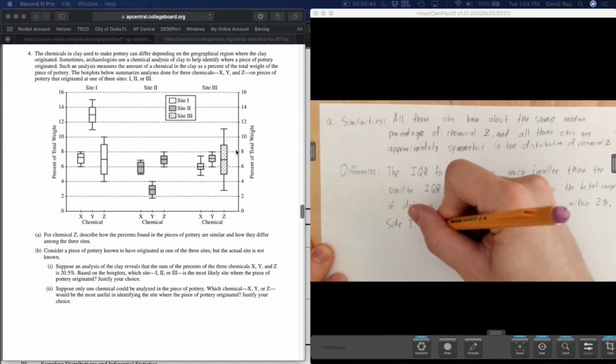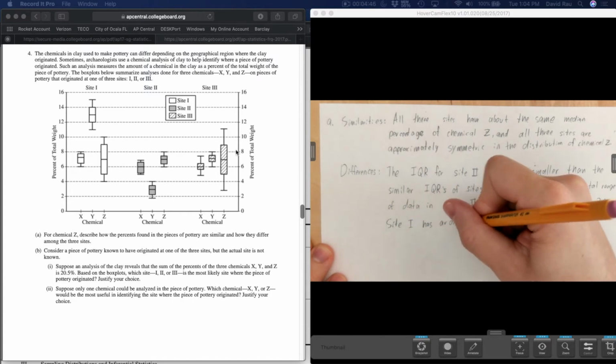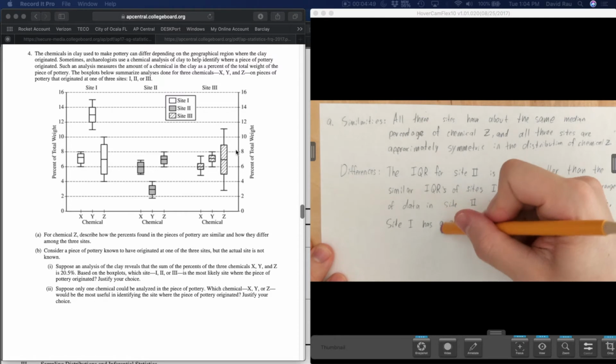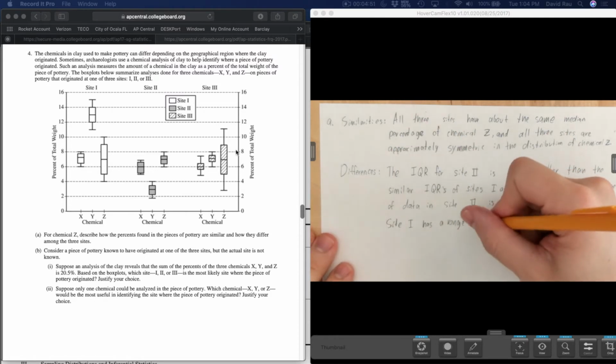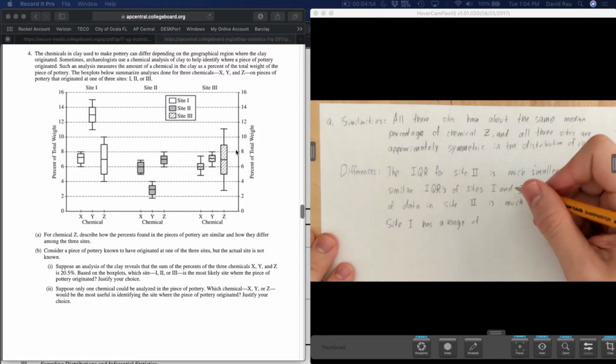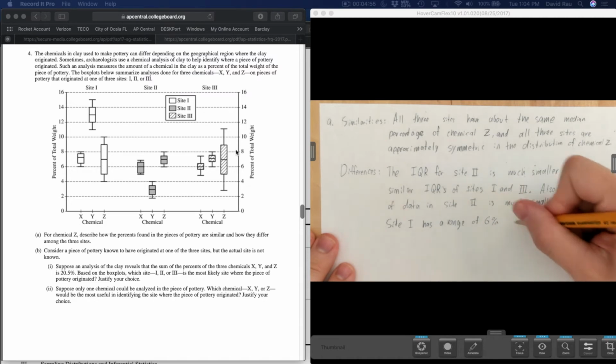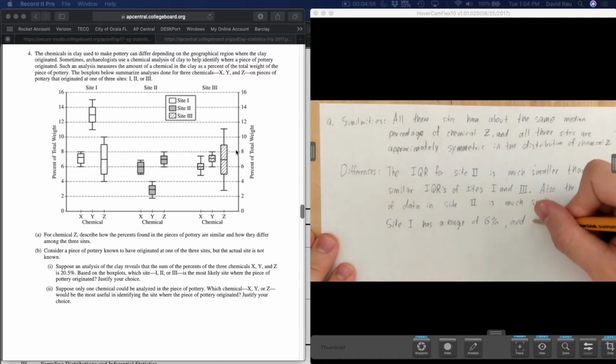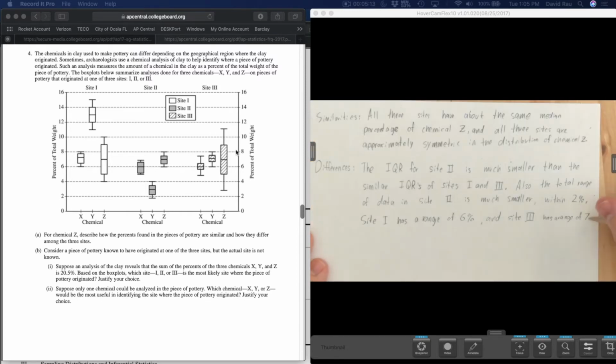Site 1 has a range of, what is that, from 4 to 10, so 6%. And site 3 has a range of, essentially 3 to 11, so 7%.